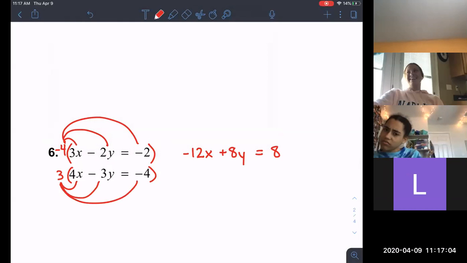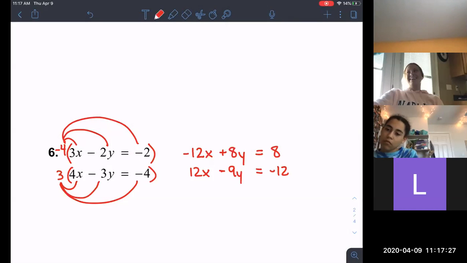So this gives me a 12x. And you can see right now we have opposite coefficients, and that's exactly what we want. 3 times -3 is -9y, and 3 times -4 is -12. So just don't forget to multiply everything in the equation by that constant. That's the only way we keep our equations balanced.